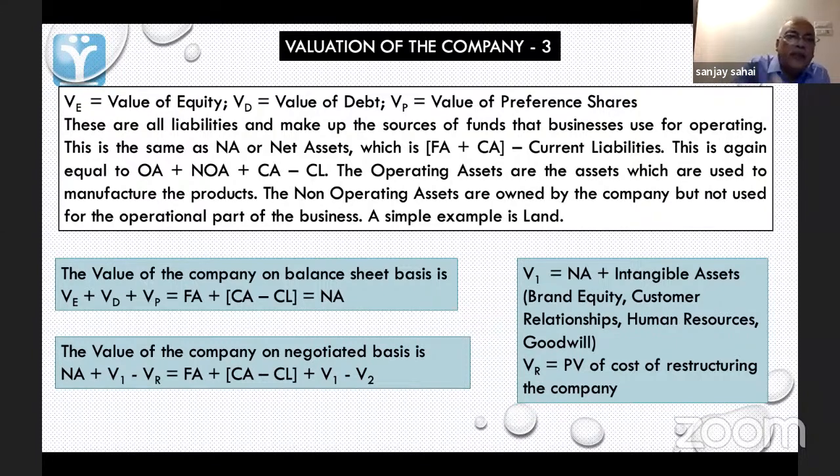And then we finally began to look at it in terms of the balance sheet of the company. If I take the balance sheet and now I try to value it, I will generally find that if I value the equity and the debt and the preference shares, automatically I am going to be arriving at the same figure as the fixed assets and current assets, etc.